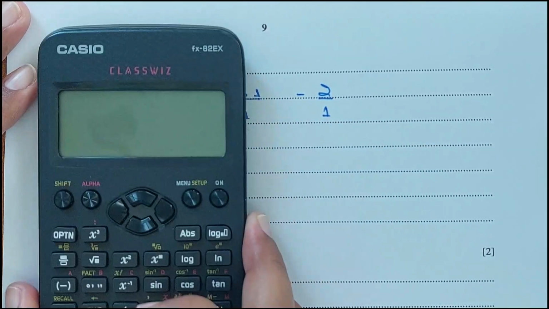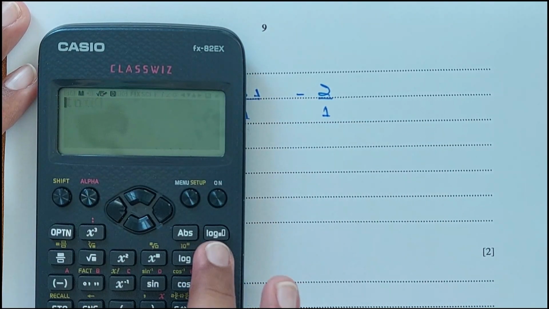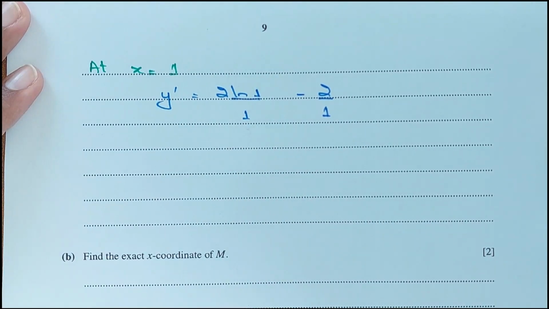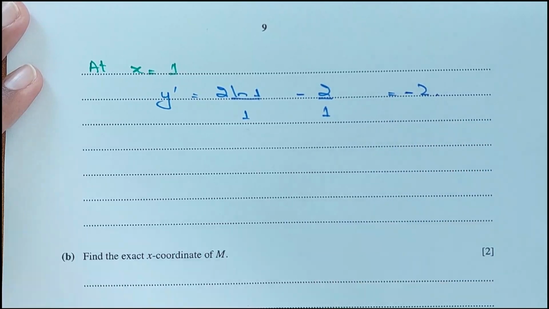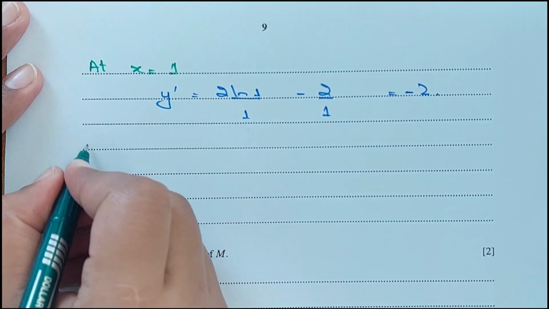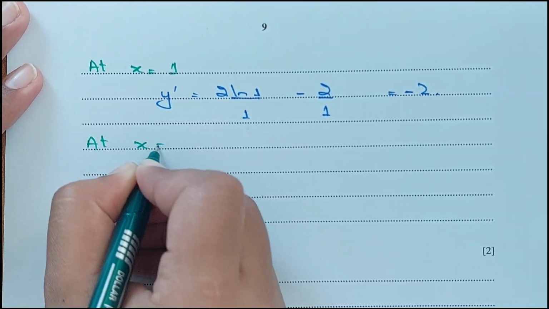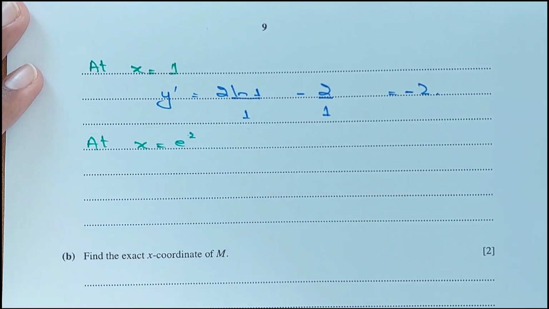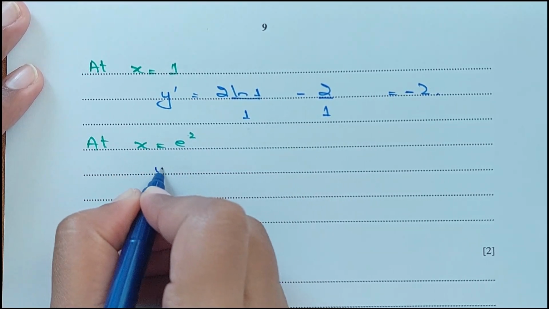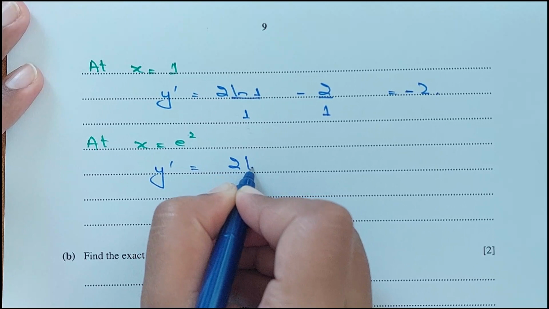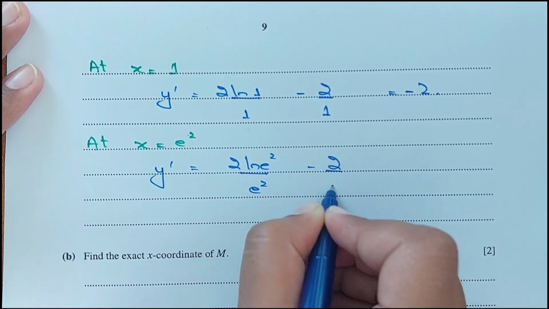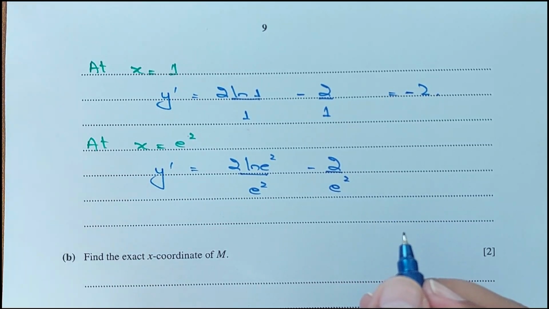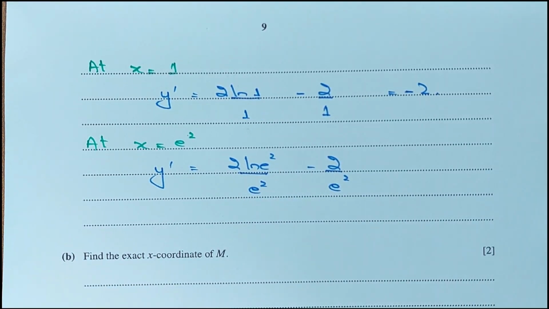What is ln 1? It is 0, so this is minus 2 at point A, right? At x equals e squared, y prime is 2 ln e squared over e squared minus 2 over e squared.